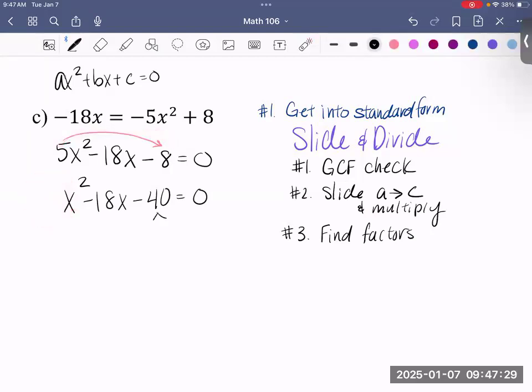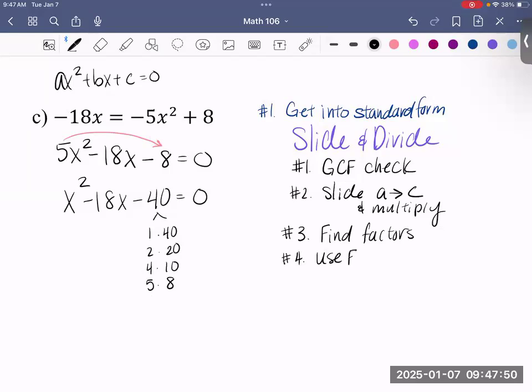So factors of 40: 1 and 40, 2 and 20, 4 and 10, 5 and 8. So of these factors, listed out, which one can get us to 18?